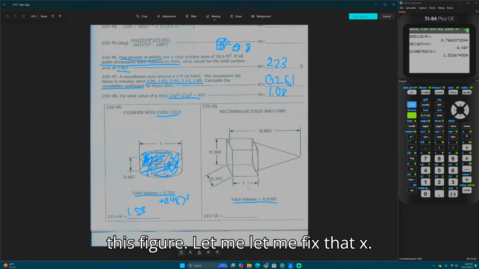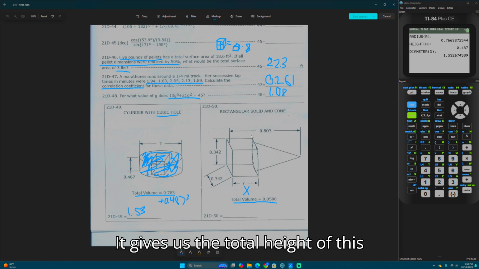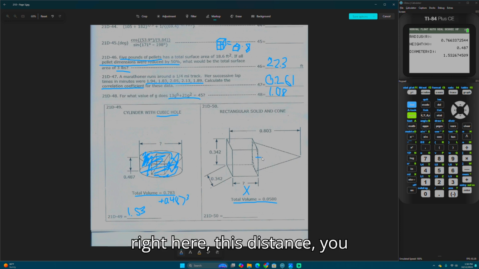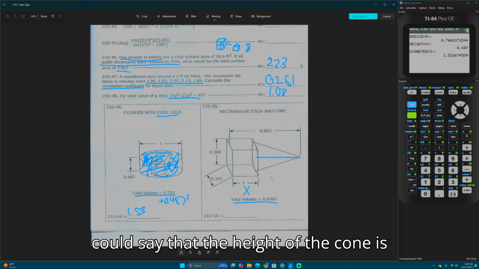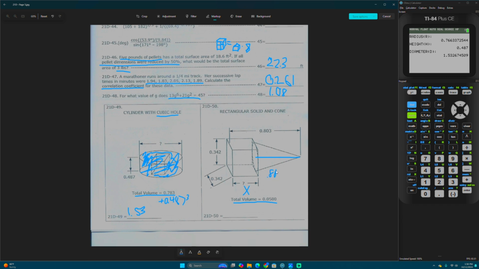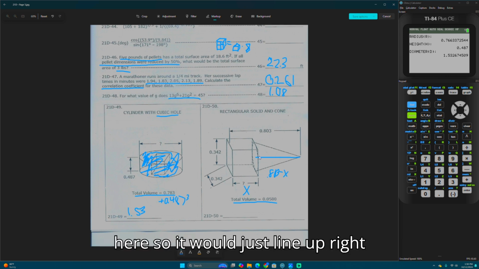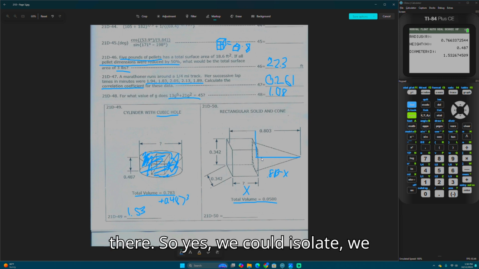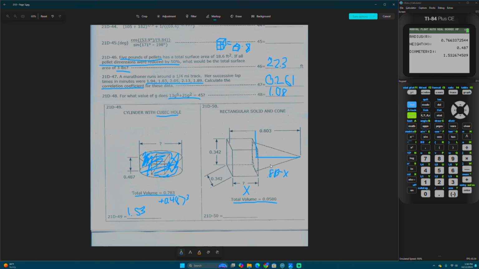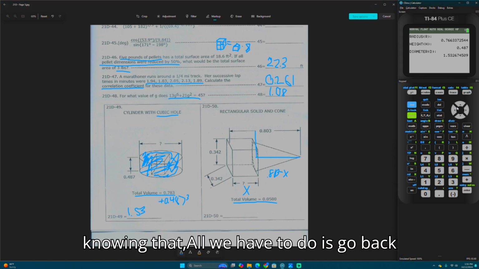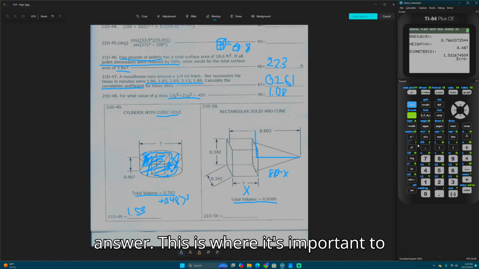So you could say that the height of the cone is 0.803 minus x, because then we're removing this gap right here, so it would just line up. So yes, we could put it in terms of x. Knowing that, all we have to do is go back to the numeric solver and we'll get our answer.